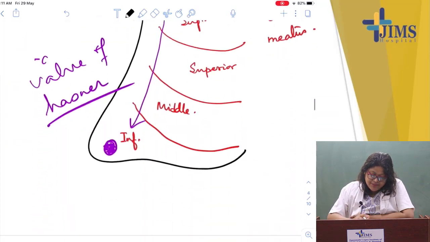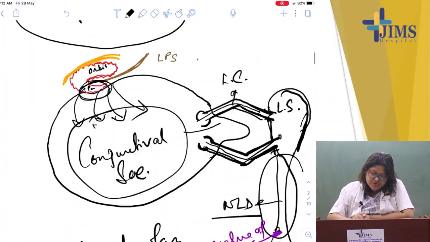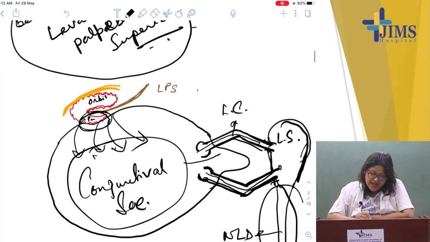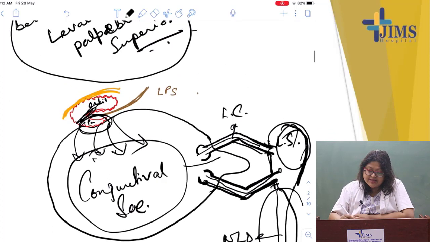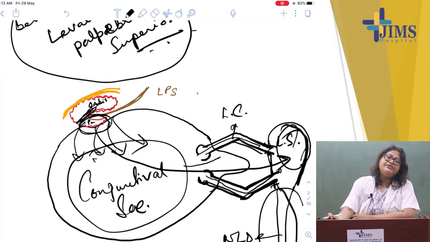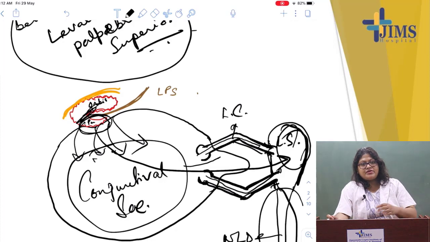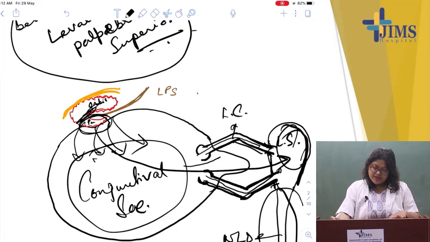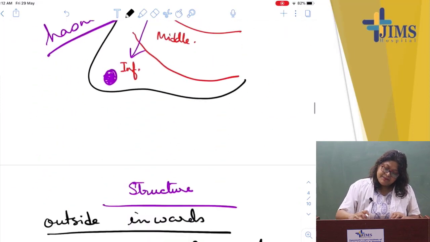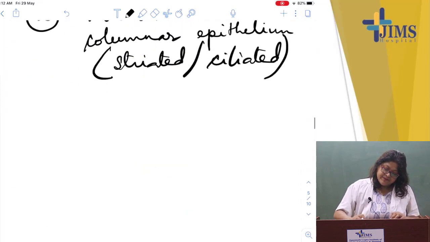Now, if we see the picture, the lacrimal gland is here, correct? And the sac is here. So the tear fluid is coming from the lateral part to the medial part. So what are the factors which are helping this drainage of the tear fluid?